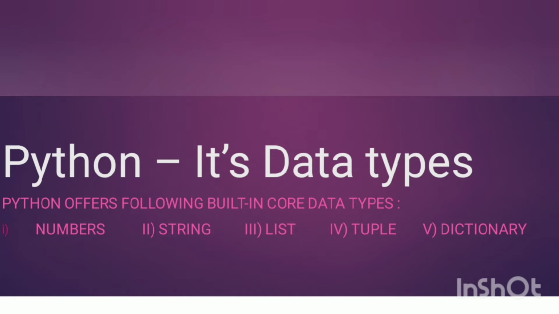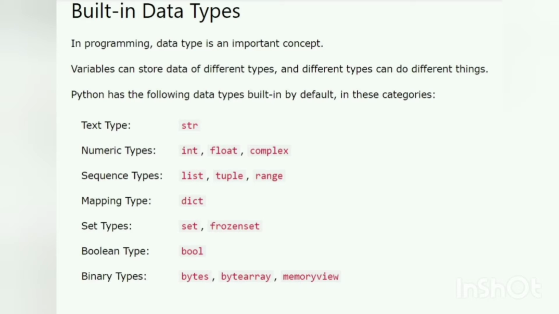In any programming, data types are important. Variables can store data of different types, and different types can do different things. We know that if we have to hold some value, then we have to take help of a variable like x is equal to 10. So x is a variable.